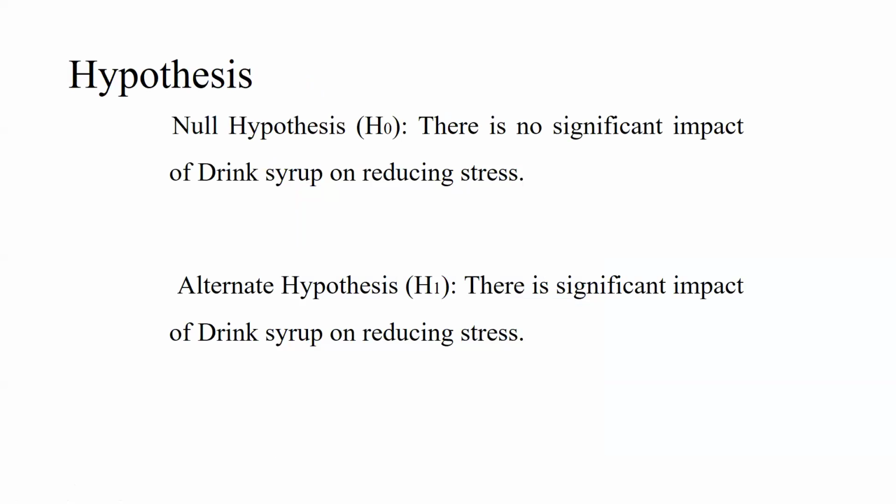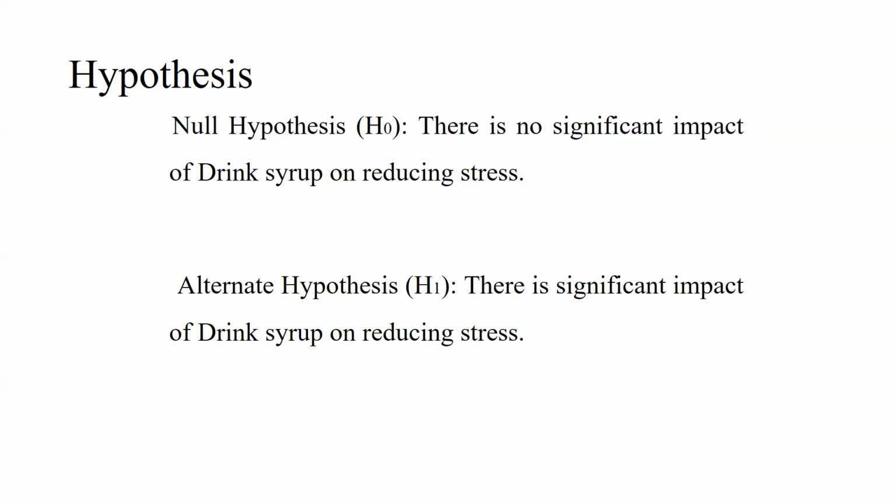The null hypothesis: there is no significant impact of syrup on reducing stress. We always assume that there is no impact, or there is no relationship between the two. But the alternate hypothesis says there is a significant impact of syrup on reducing stress. So we will check whether the difference is significant or not.